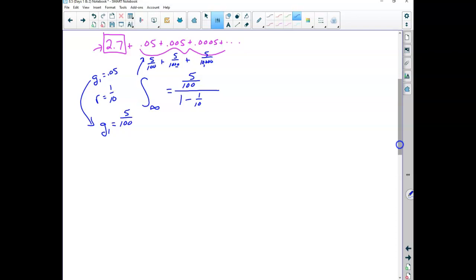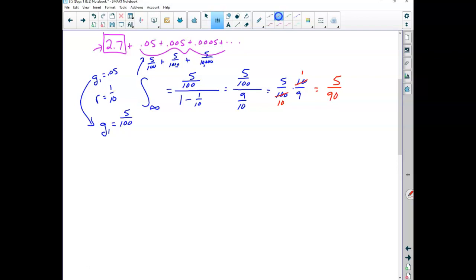I'm going to reduce that one because now my R value is 1 minus 1/10, okay? And, well, I don't have to. I'm just going to leave it. No big whoop. So this is going to equal 5 over 100, over 9/10. Well, that's going to give me 5 over 100 times 10 over 9, isn't it? And then as I'm coming through here, I can reduce that to a 1, and that's now a 10, right? I'm just hacking a 0 off. So what I get is 5 over 90.